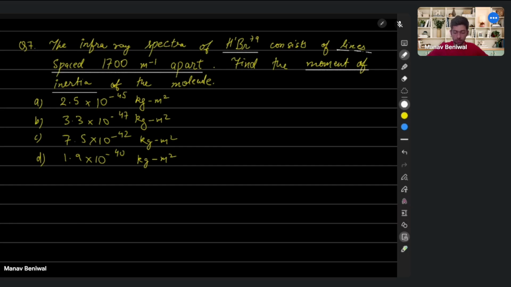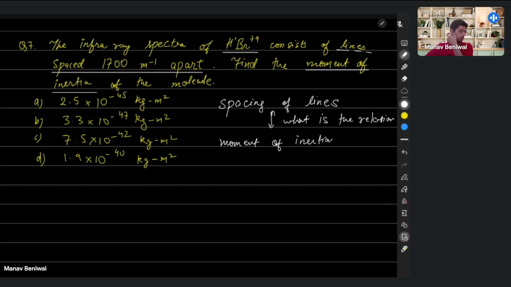So obviously this spacing of lines, and we have the moment of inertia, and basically the question is asking how are these two things related.